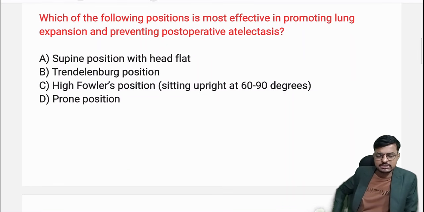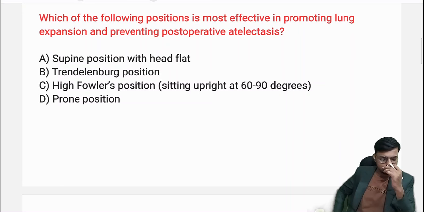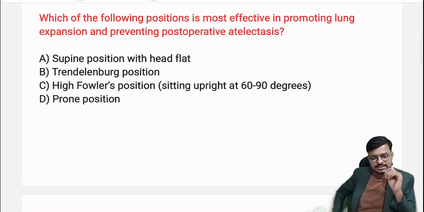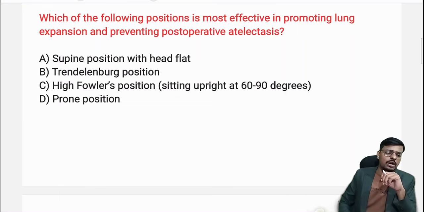Which of the following is most effective in promoting lung expansion and preventing post-operative atelectasis? A patient came from the OT after general anesthesia, and on post-operative day 2, in order to prevent atelectasis, beta, I have discussed the cause of post-operative day 2 fever.